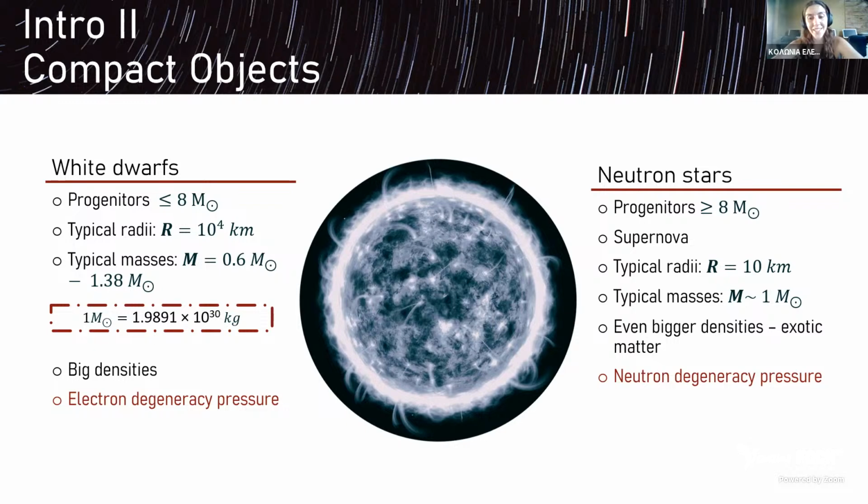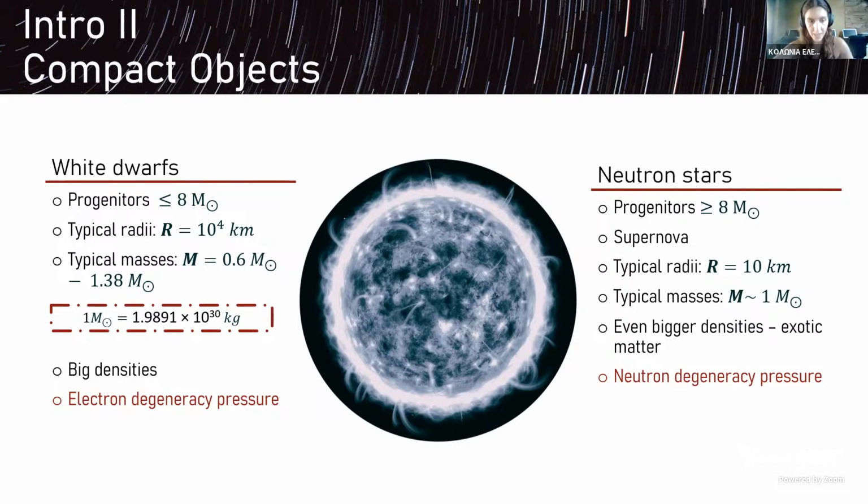So as you can imagine, these stars have even bigger densities, and these are, again, as if you could fit the mass of the sun to the size of a medium-sized city on Earth, which is tremendous.